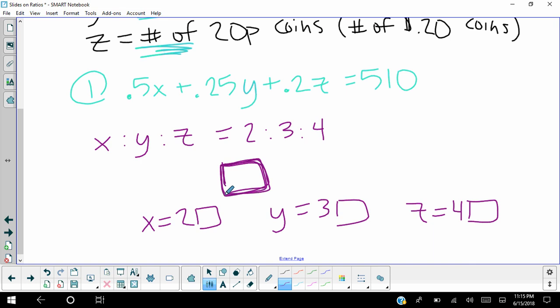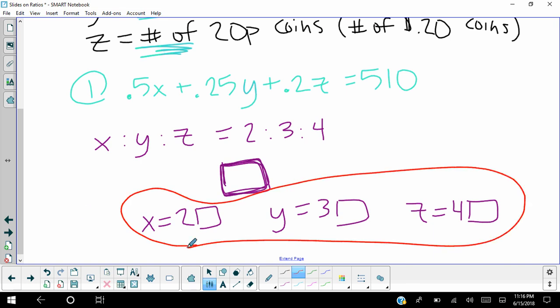Well, I know that X is equal to 2 times that, Y is equal to 3 times that, and Z is equal to 4 times that. This isn't really a second equation, but it's a second piece of information. I can take that second piece of information and substitute it up in my original.